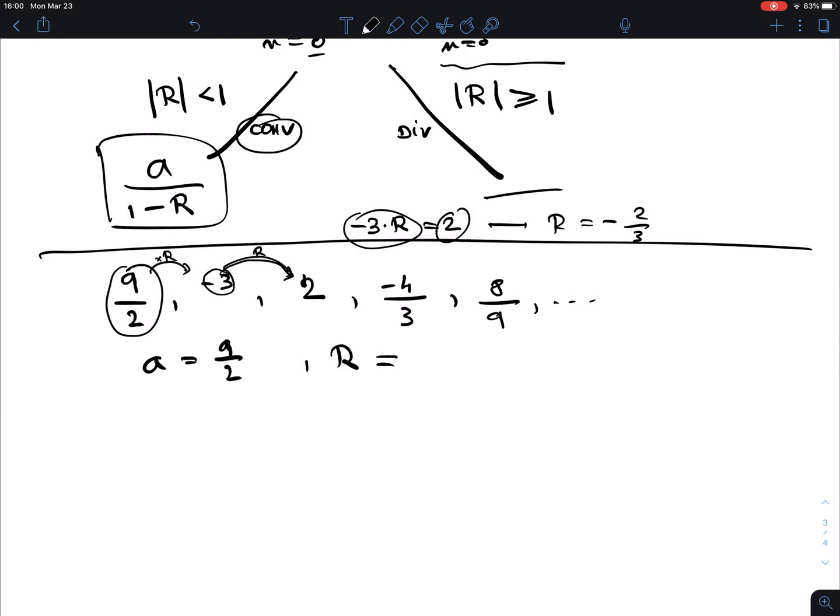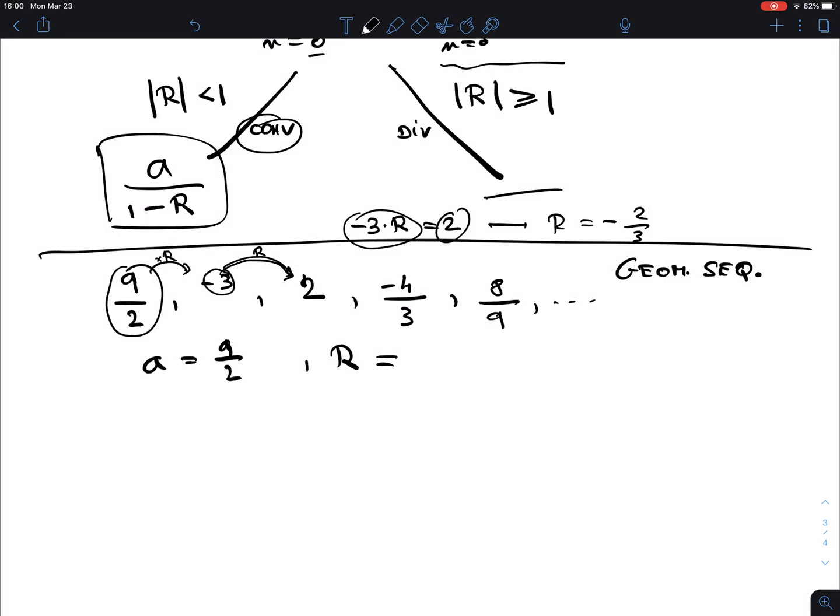So if you know it's a geometric sequence, and I'm telling you this is a geometric sequence, trust me, it's very easy to find what r is. You just take any two numbers and you take the quotient of the next one divided by the previous one. So if you don't trust me, let's take this one.